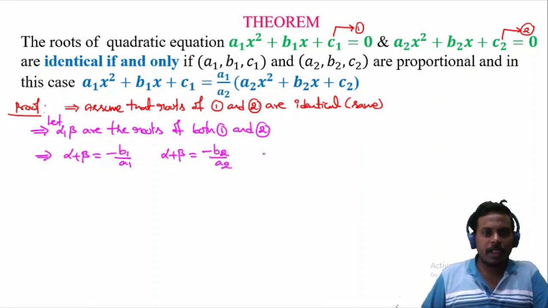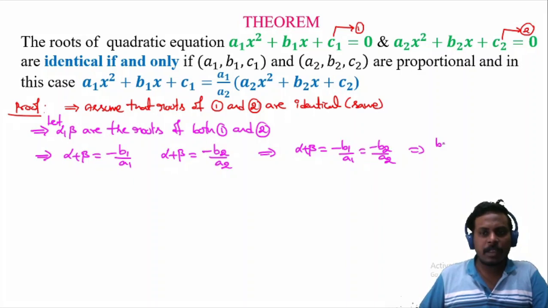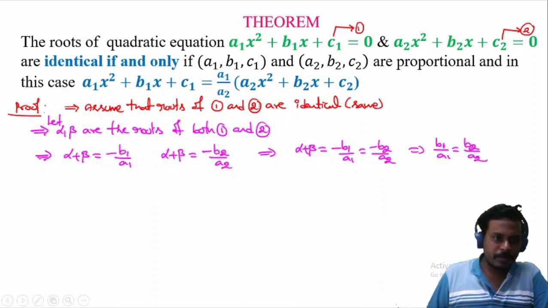So from these two we get alpha plus beta is equal to minus b1 by a1 is equal to minus b2 by a2, which implies b1 by a1 is equal to b2 by a2.